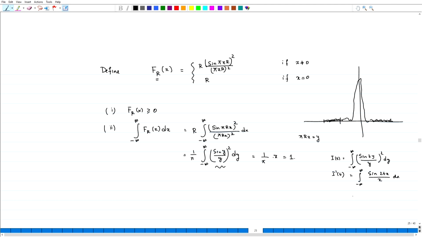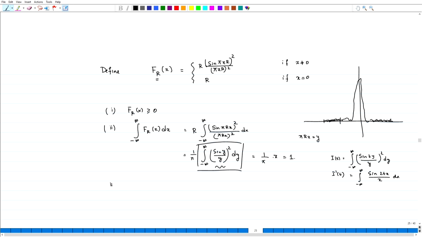So if we make a change of variable, you will get that I of t is equal to pi t plus some constant. Therefore, at t equal to 1, you will get that this is pi. So, this integral is a known integral which takes the value pi.